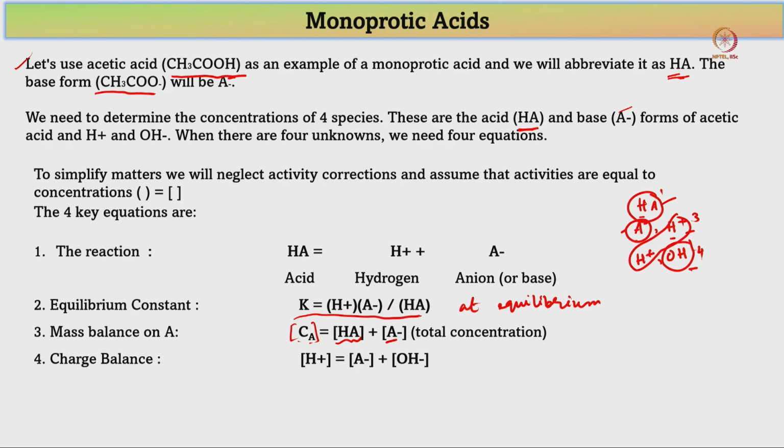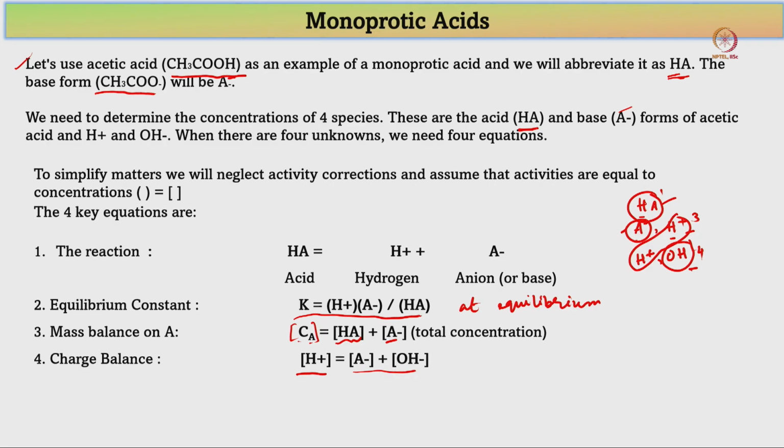And the fourth equation will be related to the charge balance of the equation, and that is the total positive ions is equal to the total negative ions. See, whenever you see a solution, do you feel any electrostatic effect? Do you feel any charge in that?